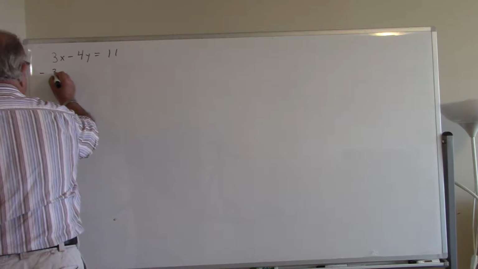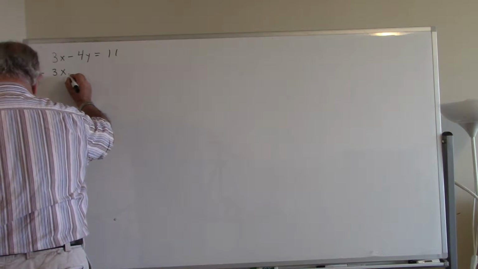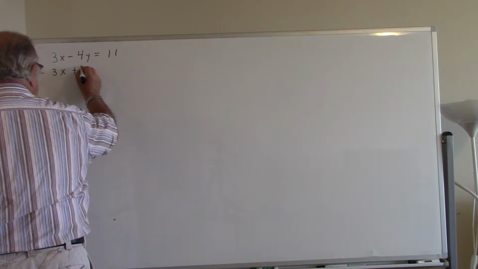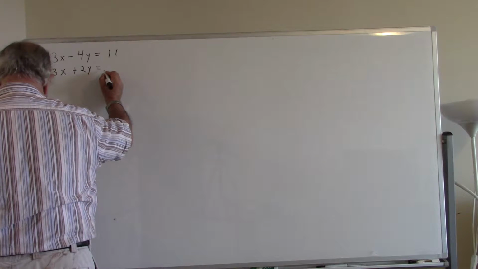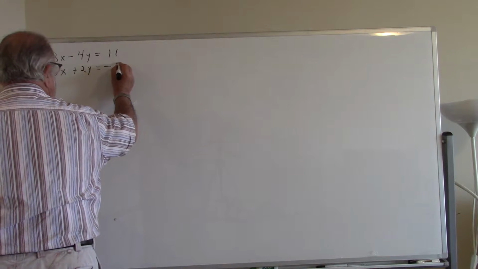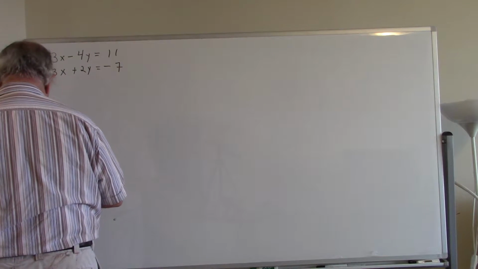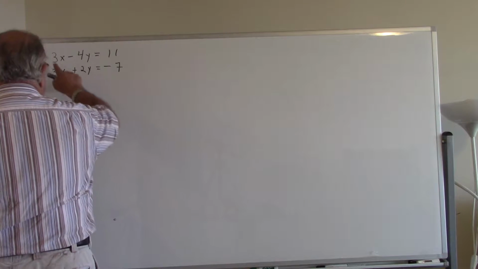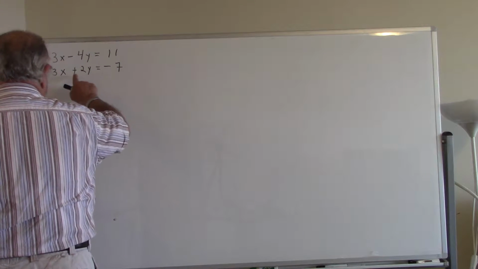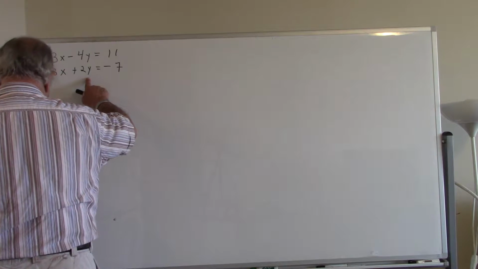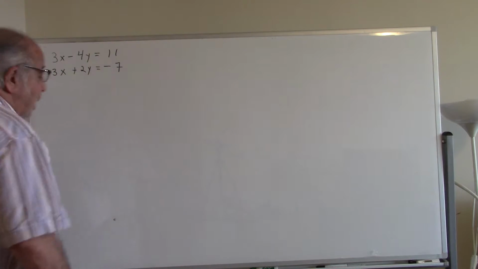Minus 3x plus 2y equals minus 7. Let me just check that. 3x minus 4y equals 11, minus 3x plus 2y equals minus 7. All right.